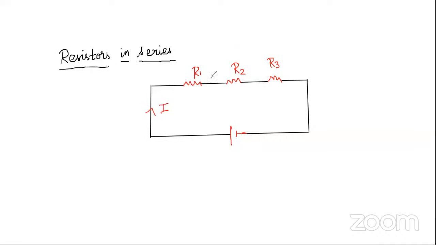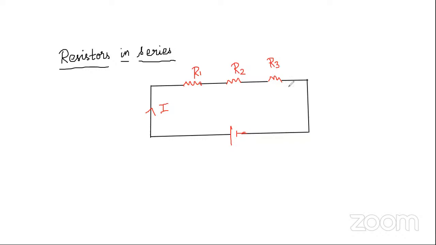So I have resistors connected in series. This is the series combination of resistances. That means head to tail arrangement. The tail of this resistance is connected to the head of this resistance. In this way, you can have n number of resistors connected in series.